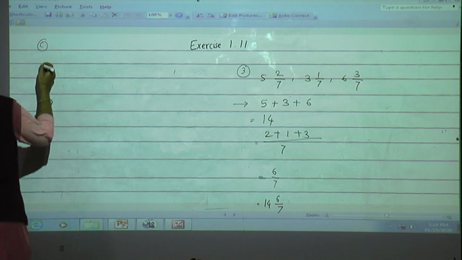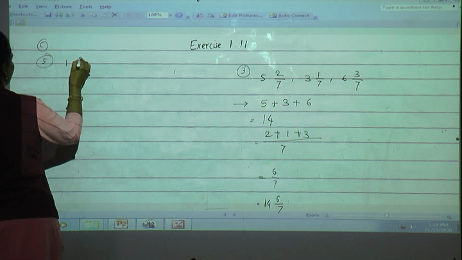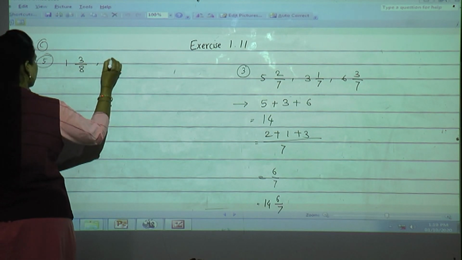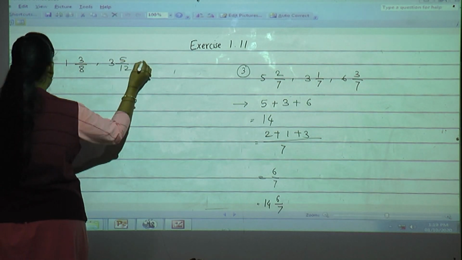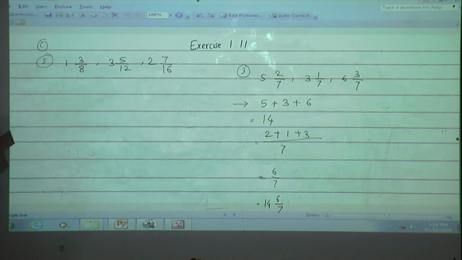Fifth one I will solve. What is the question? 1 3 by 8, 3 5 by 12, 2 7 by 16.